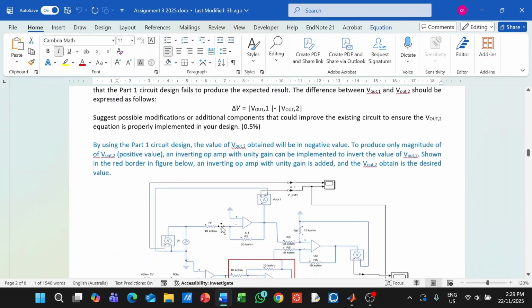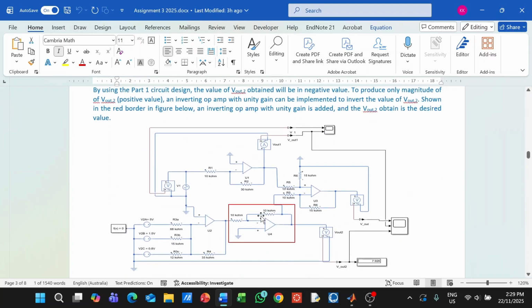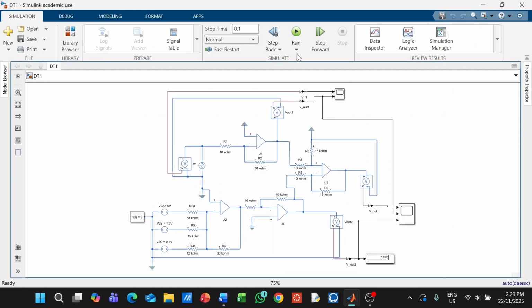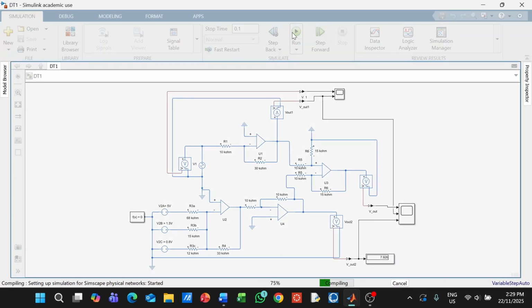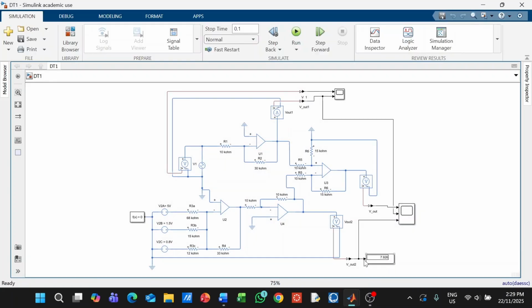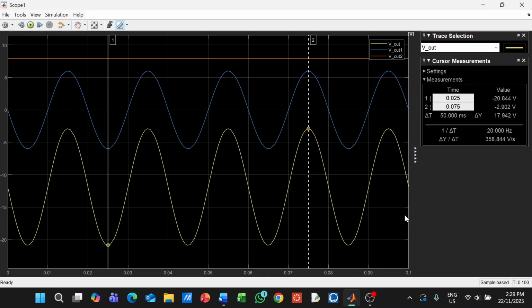Therefore, an inverting amplifier with a unity gain is added to invert the Vout2. So this is the simulation. And now you can see Vout2 will have a positive value. And this is the scope result.